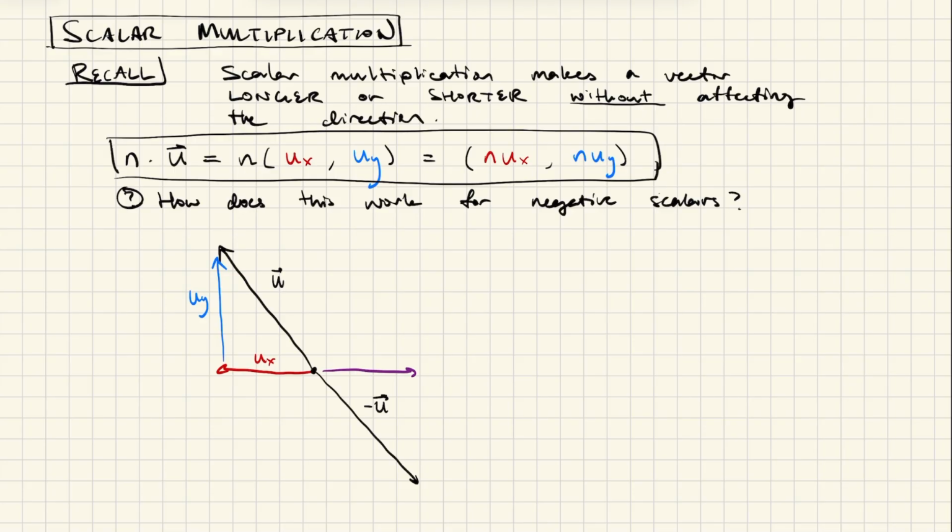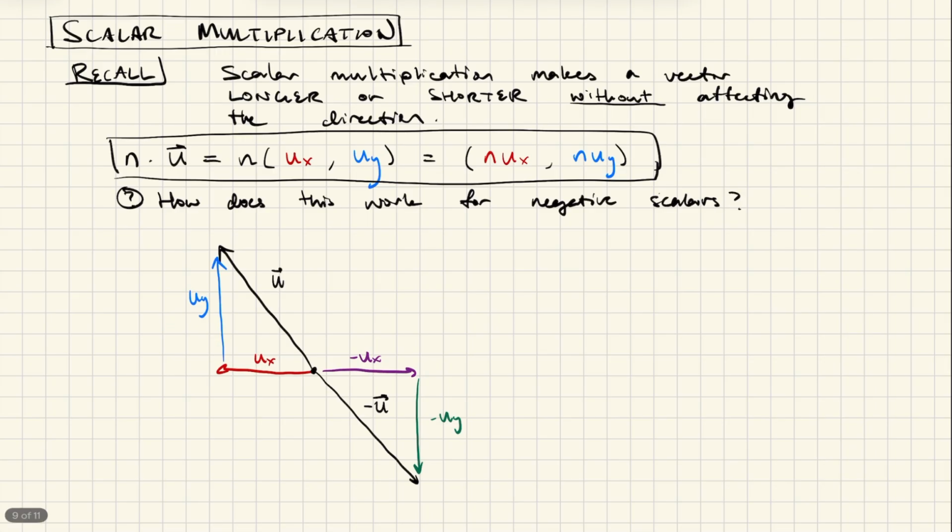Similarly, the y component of vector u originally pointed upwards, but now this one has the vector going downwards. Just to make things extra clear, I can label these minus ux and minus uy. We can see that applying a negative sign here just caused the directions of the individual components to flip, and that's what gives us our final vector that points in exactly the opposite direction. Multiplying the vector by a negative number is identical to multiplying the components also by a negative number.